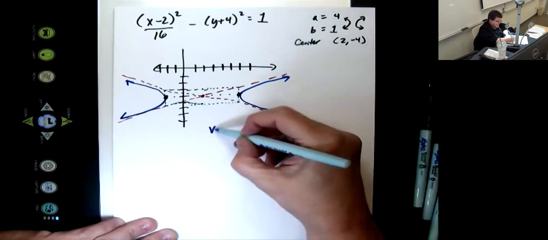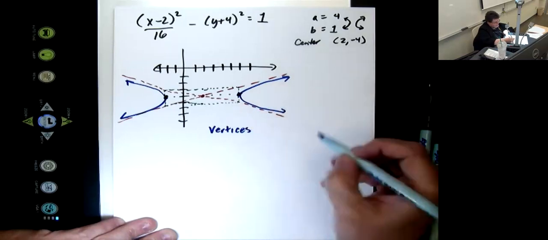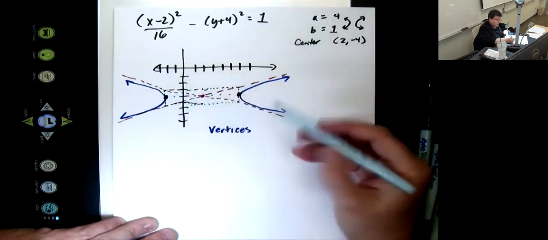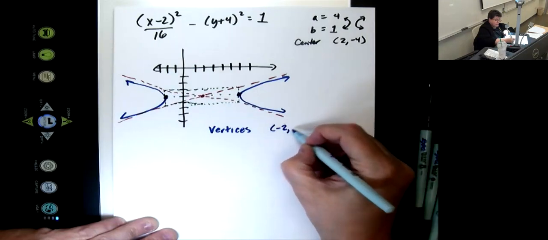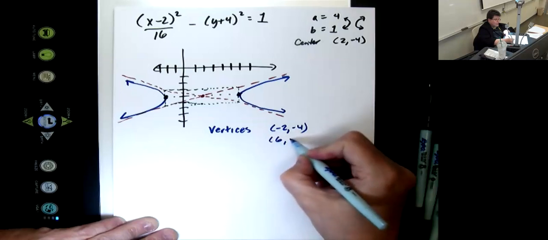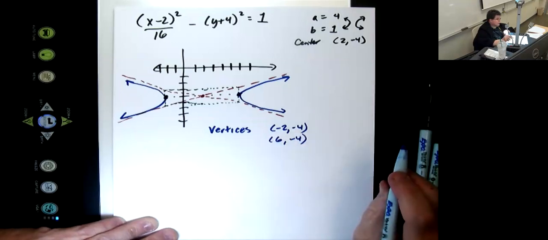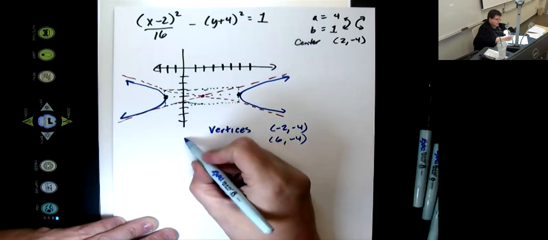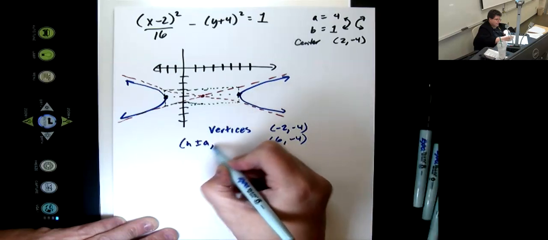What are the vertices here? -2, -4 is one of them, and 6, -4 is the other. The easiest way to go about doing this, rather than trying to line it up and count them, is to do h plus or minus a, comma k.